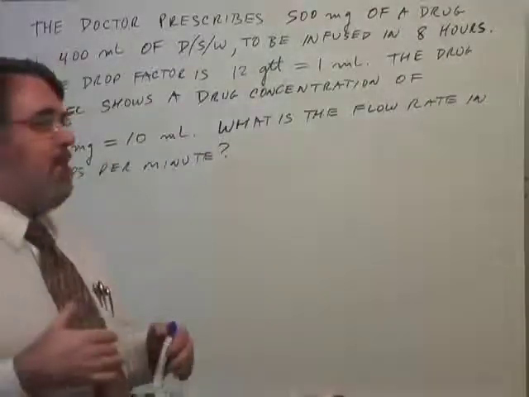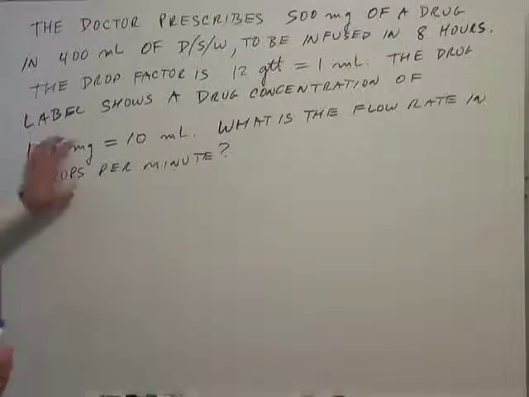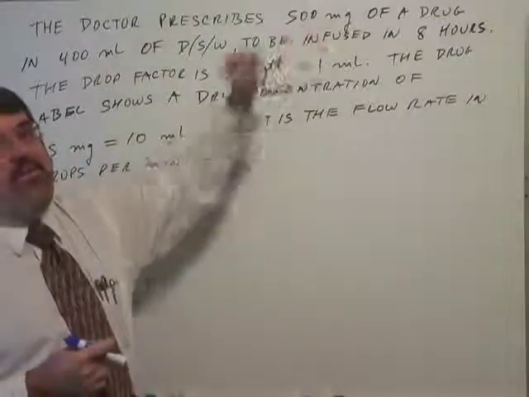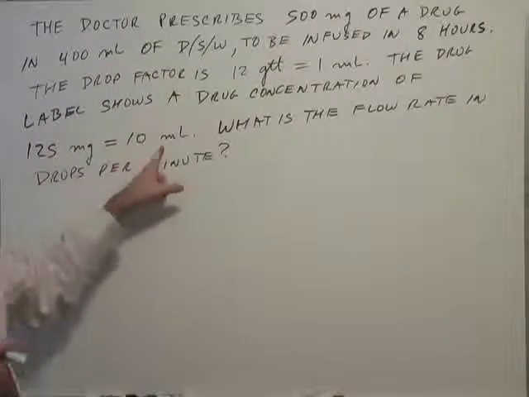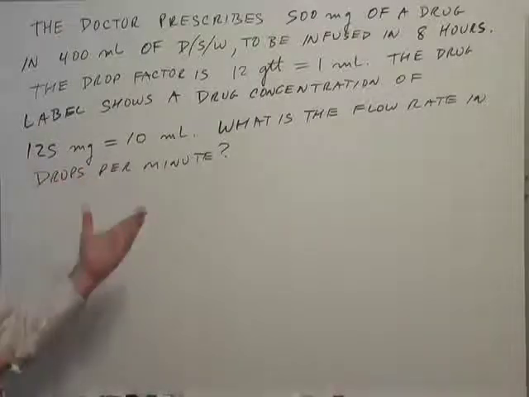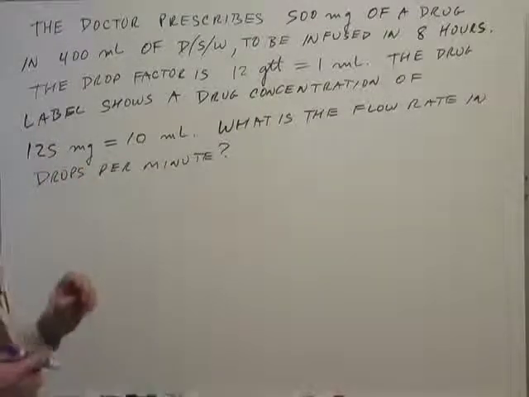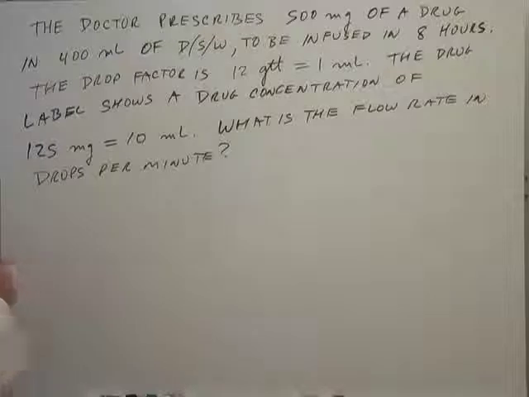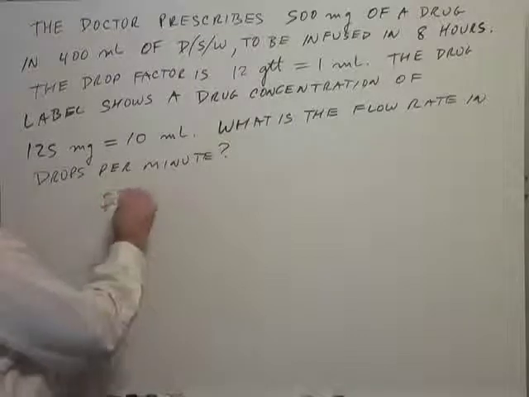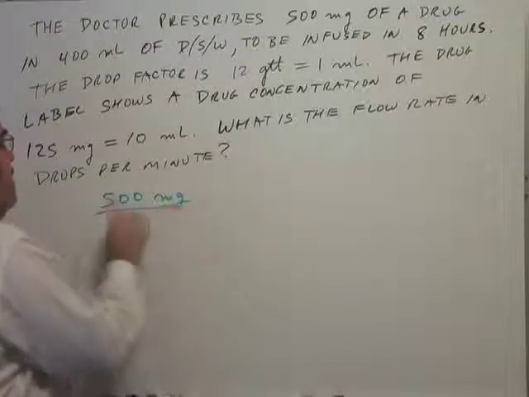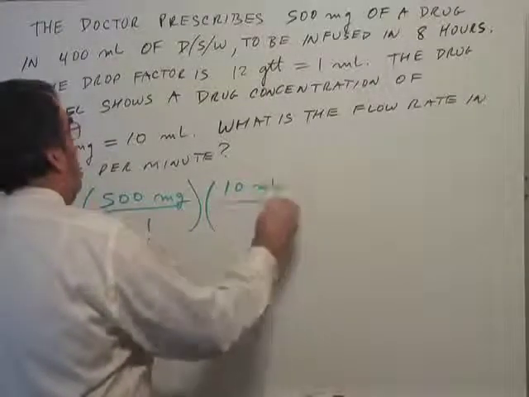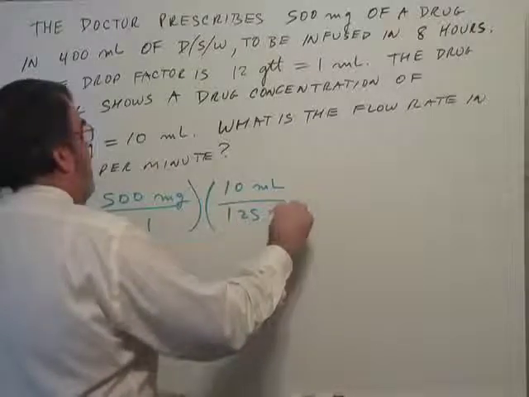All right, so what you see here is that we first have to mix up the drug. The prescription, the drug is in solid form, but the drug comes dissolved in a liquid. So we have to tell how much liquid to pour into the IV bags. In other words, we're going to add to the 400 milliliters. Let's find out first. We have 500 milligrams prescribed, and the drug concentration is 10 milliliters is the same as 125 milligrams.